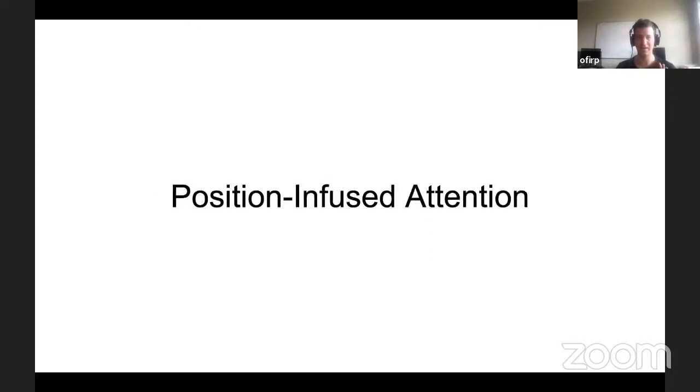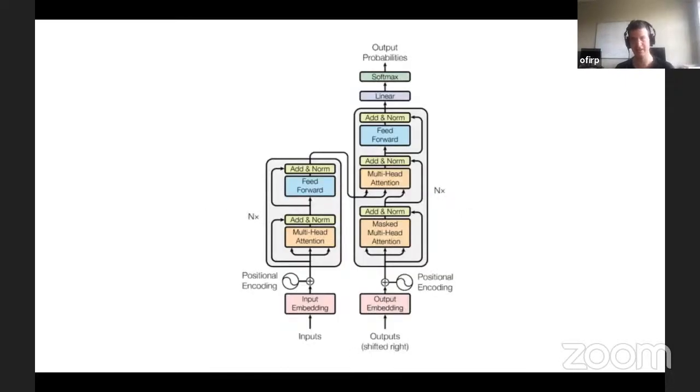And so our novelty here is that we show a method to do this that doesn't require any extra parameters or memory, and it doesn't slow down the model at all. We call it Position-Infused Attention, and it's really, really simple. It's basically a line of code.